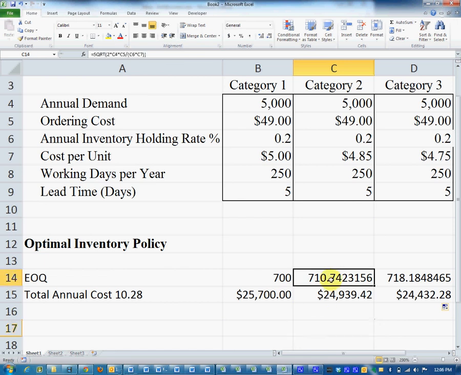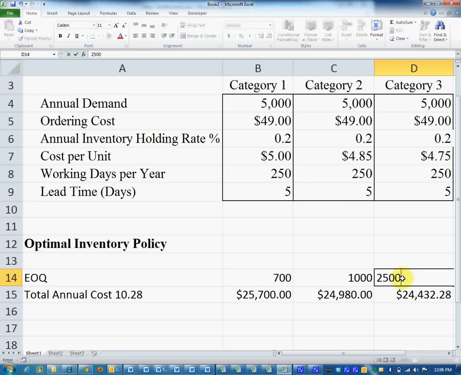So if this happens, this is very important. If this were to happen where this number is below the minimum threshold for the discount, we have to just type over it the minimum threshold for the discount. So we just type 1,000. Okay? And the threshold for the discount for category 3 is 2,500, and 718 is lower than 2,500, so we just type over it.